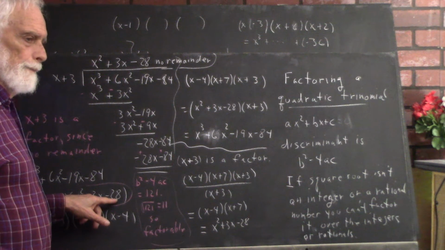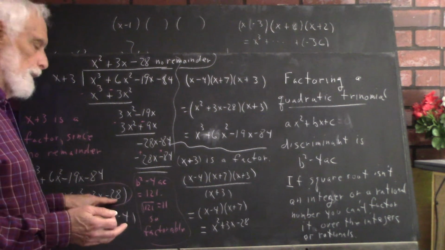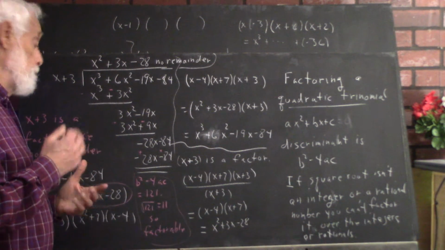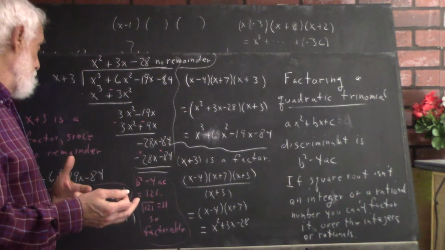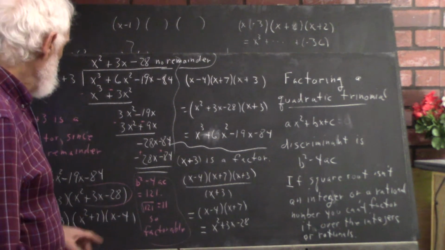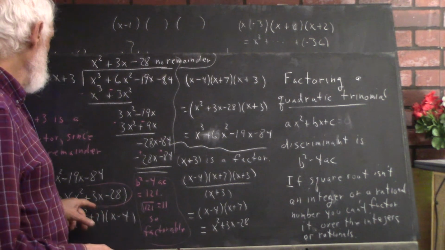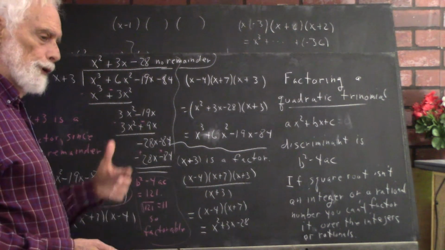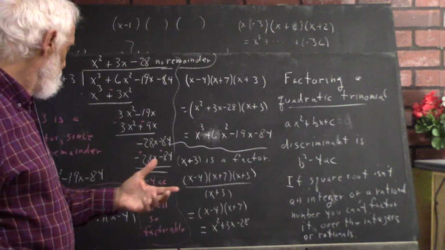Negative 28 could be 1 times negative 28 or negative 1 times 28, or 2 times 14, 2 times negative 14, negative 2 times 14, and so forth. So you could try factoring this as, for example, x minus 2 times x plus 14, or x plus 14 times x minus 2. It doesn't work out.